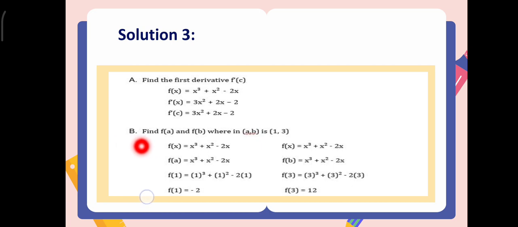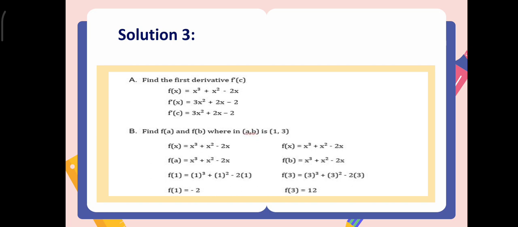Let us find f of a and f of b, wherein a and b are 1 and 3. Let us have our function, and let us substitute a, which is 1, into our function.